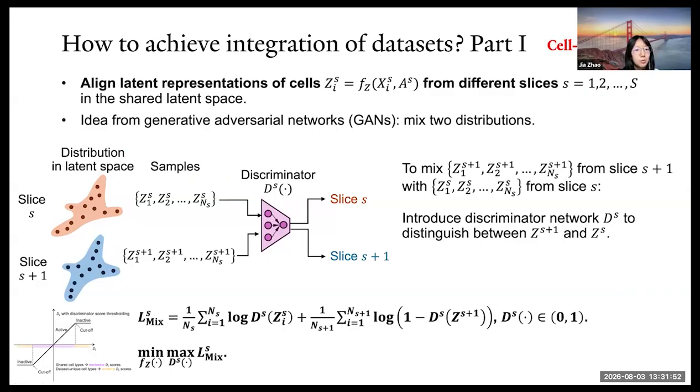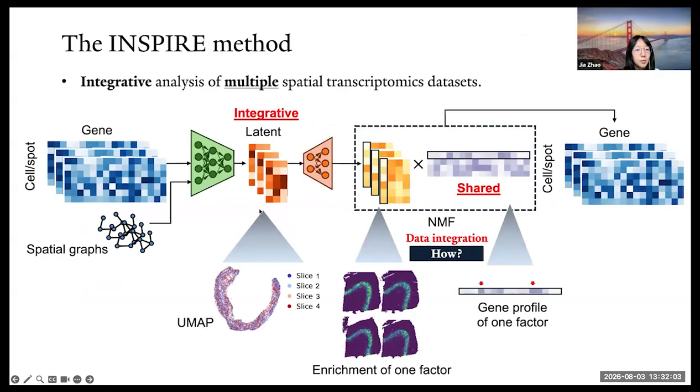Here I want to go a little into the detail of the cell level integration versus gene level integration. We focus on the cell level integration first. Coming from the high dimensional data and going through an embedding encoder, we want to encode information into the latent representations.